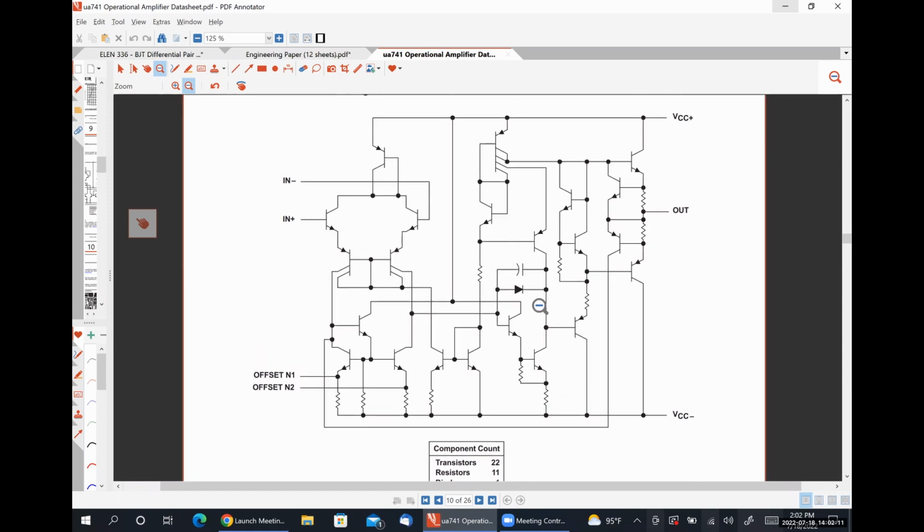It is a multi-stage amplifier that consists of a differential pair as its input stage, a Widlar transistor current source as a biasing network, and then it contains a push-pull amplifier network at the output, which allows its output voltage to swing between VCC plus and VCC minus.